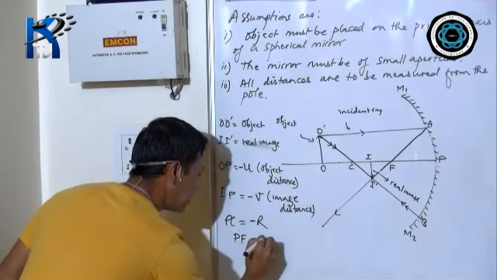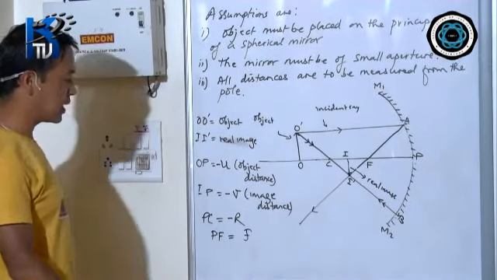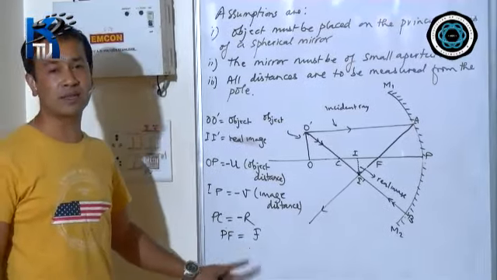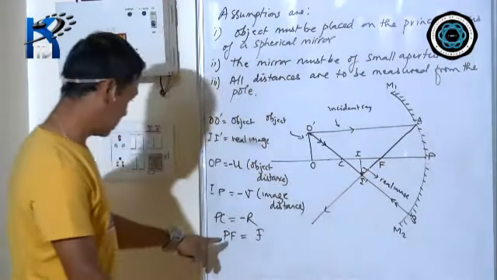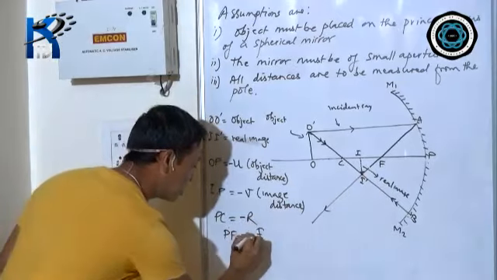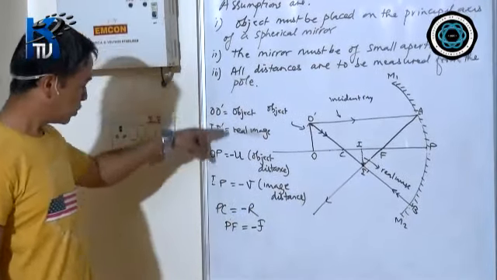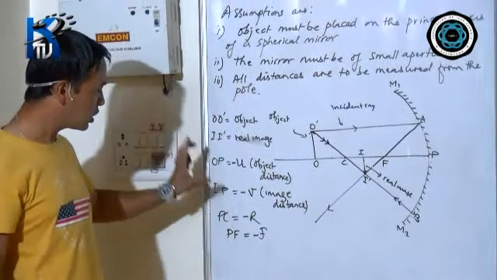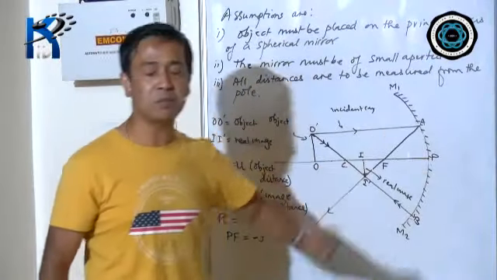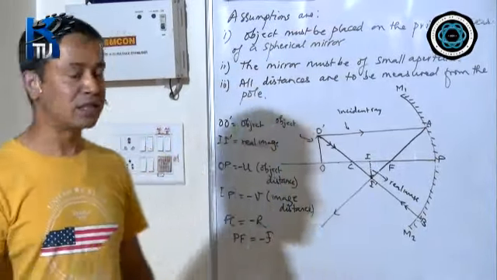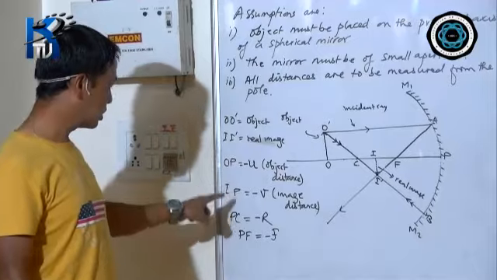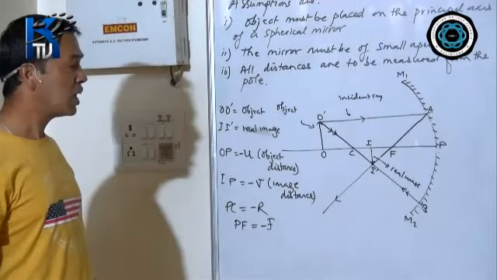PF. What is the symbol? Small letter f. What is small letter f? Focal length. And as per sign convention also negative. So we are following the sign convention. So all distances in this particular case of a concave mirror are negative. So object distance, image distance, radius of curvature, and focal length are negative.